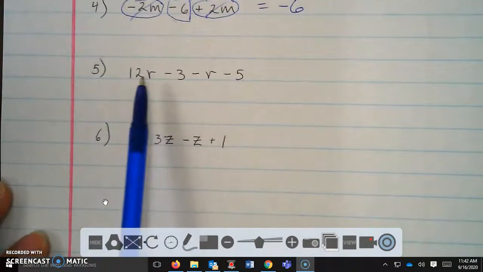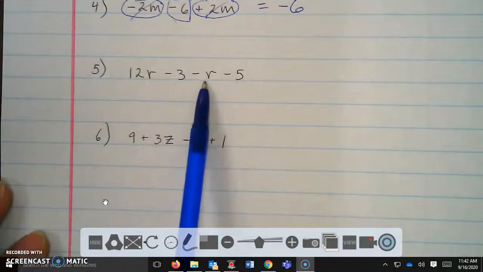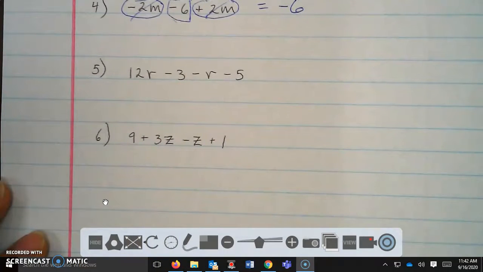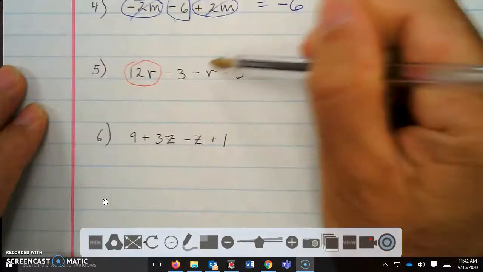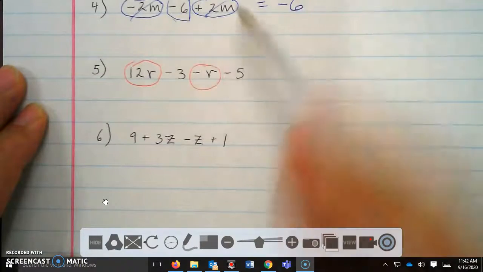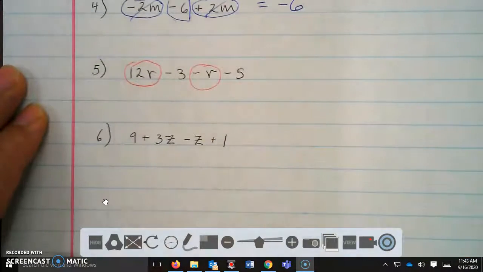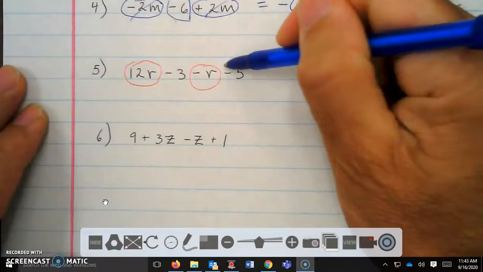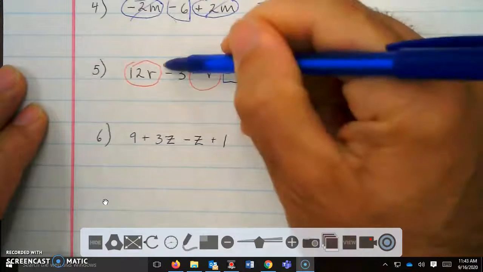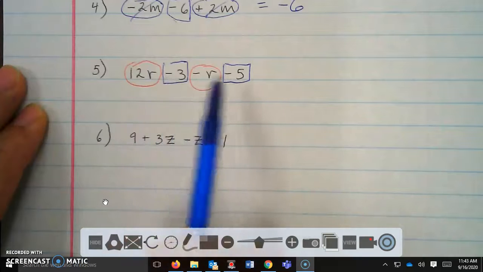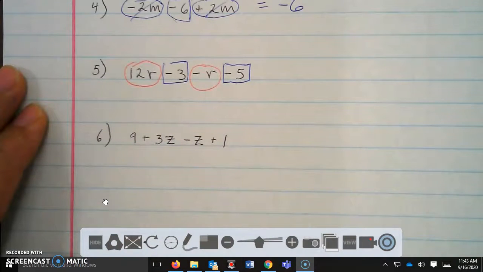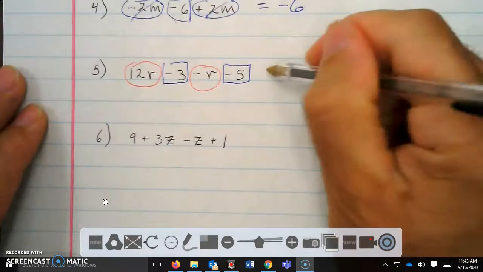Number 5, same way. R, number. Sounds to me like we can add our R's and we can add our numbers. So I'm going to color coordinate this. I'll circle my R's in red. Notice I circle the symbols on the left. Same with our numbers. I'll use blue for that. Different shape, but again, notice I included the signs. Real important. Now you don't have to do that. I'm just helping you break this up visually.